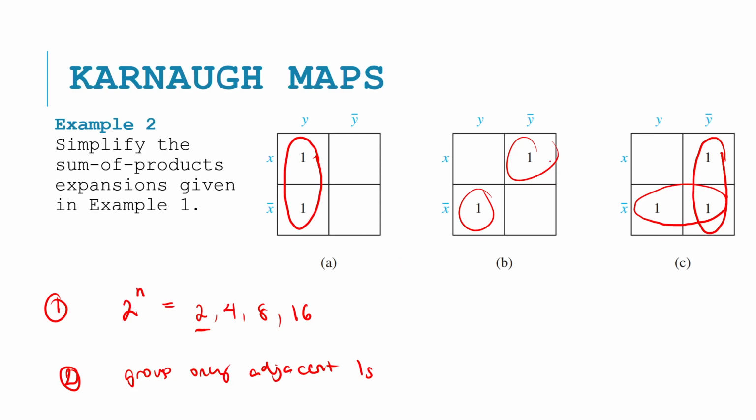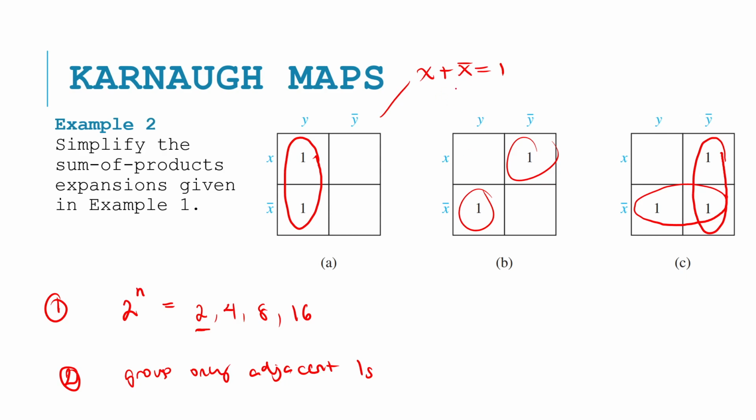Okay, and after grouping this K-map, we could simplify, and the way we could easily simplify using K-map is by remembering that there is an identity, or a law, where the sum of x and its complement is equal to 1. This is a law that you have discussed in the class already.